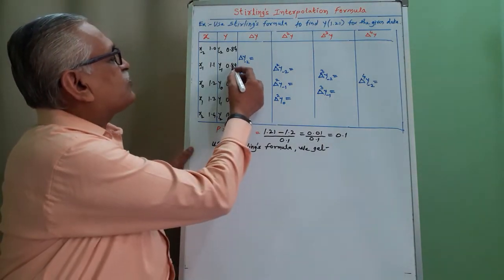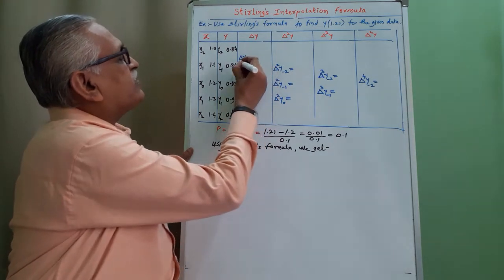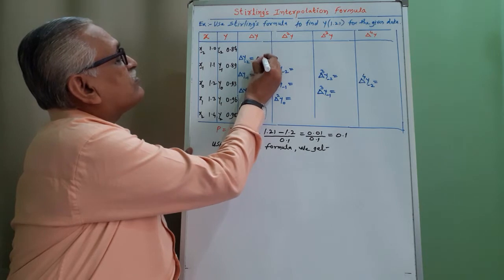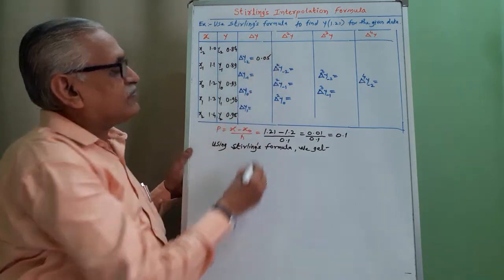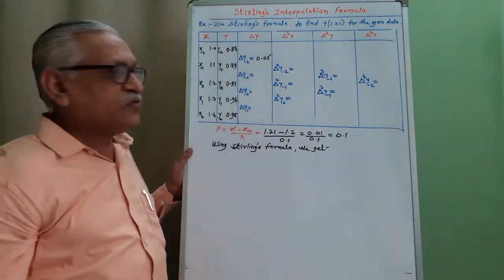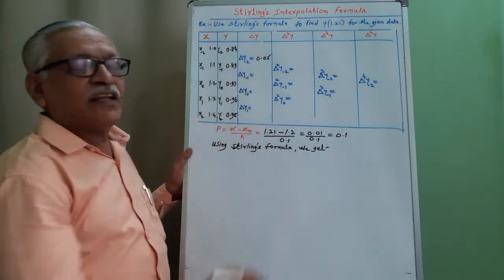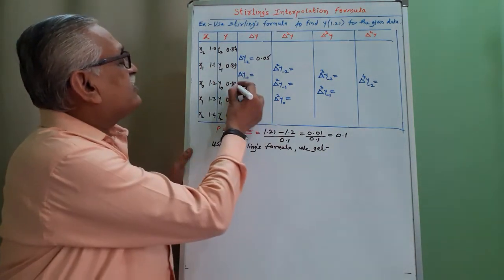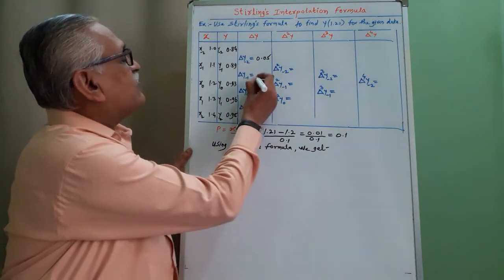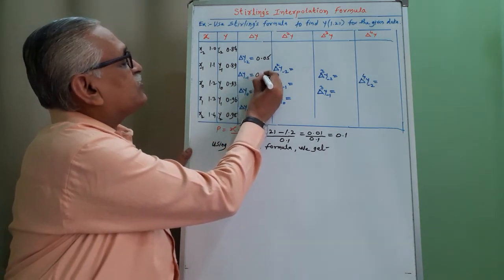Taking the difference of these two, 0.89 minus 0.84, we get that value as 0.05, as del y minus 2. Then y0 minus y minus 1 is del y minus 1, as 0.93 minus 0.89, as 0.04.